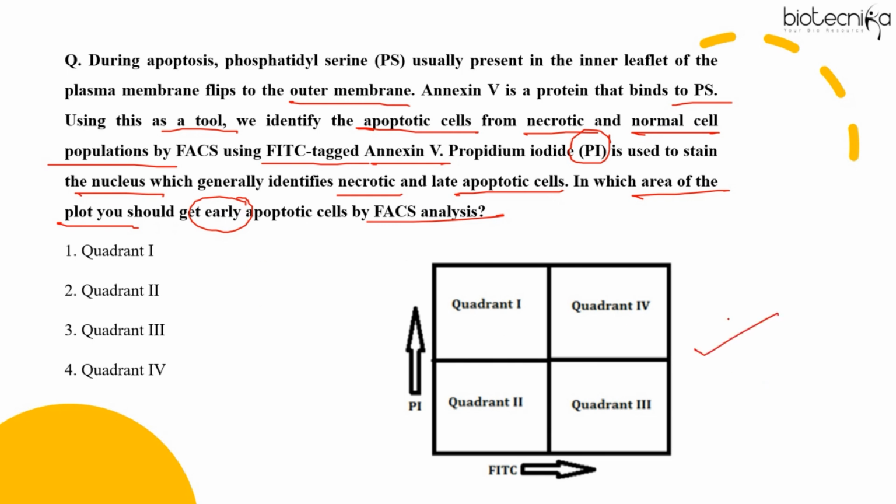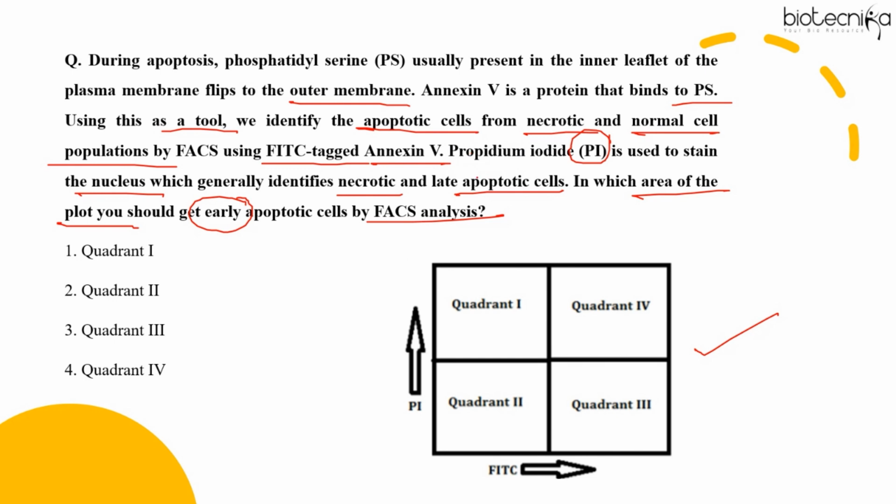So you can see a diagram is also given to us in the question. So read the question carefully. Although this question is on flow cytometry, it's a combination question where the concept from apoptosis and necrosis is combined with the technique flow cytometry.